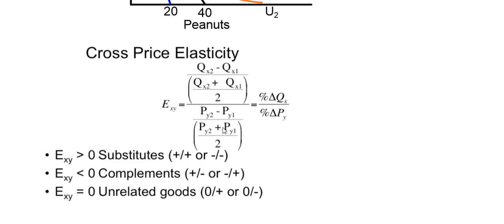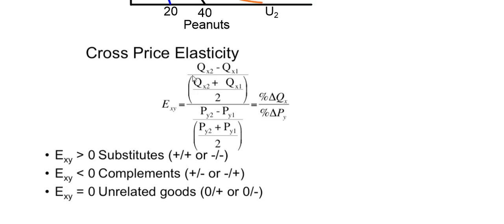So if bananas are going to go up, then the quantity demanded of peanuts is also going to go up, because when they're substitutes, the percentage change in a quantity of one moves in the same direction as the percentage change in price in the other. So you can sort of look at how this formula works right here.